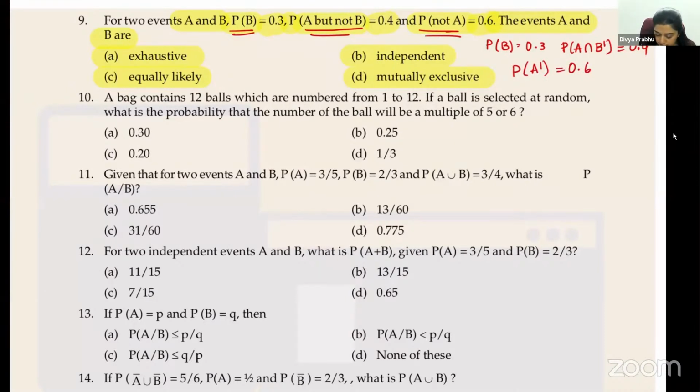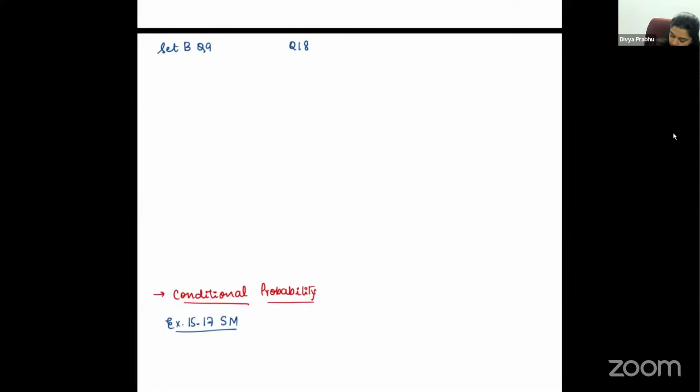Now they are asking whether these events A and B are exhaustive, independent, equally likely, or mutually exclusive. So first we can check whether they are mutually exclusive or not. Right here, P of B is equal to 0.3, P of A minus B is given as 0.4, and P of A dash is equal to 0.60.